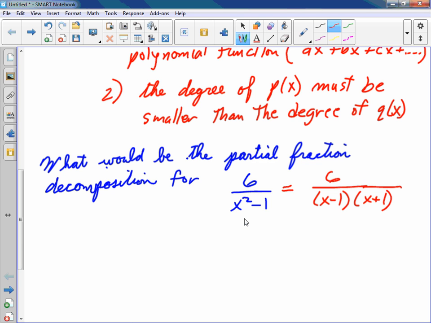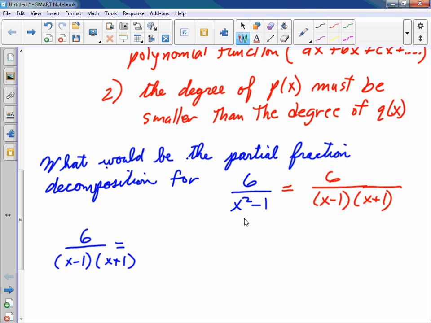And so then we can say, okay, 6 over x squared minus 1 equals, well, I'm going to change it. I'm going to back up. I'm going to write that as 6 over x minus 1 times x plus 1.